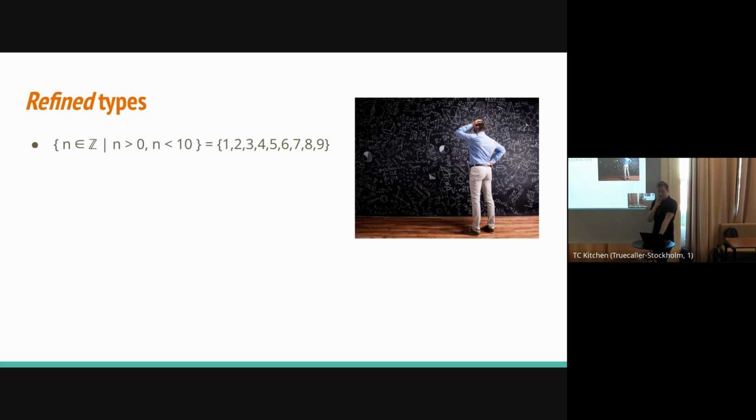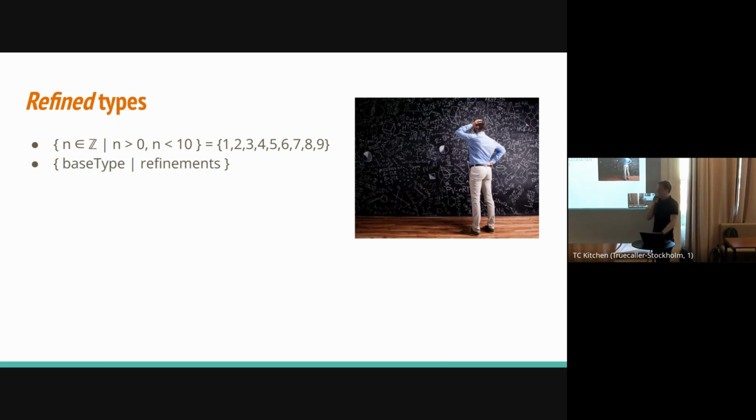I don't know if you remember from school or if you ever learned this, but it's like set builder notation. Instead of writing the thing on the right with 1, 2, 3 up to 9, you say this set contains n, which is an element of integers such that n is greater than 0 and less than 10.